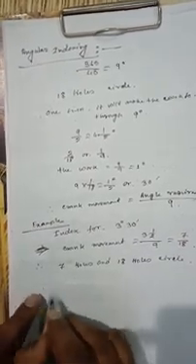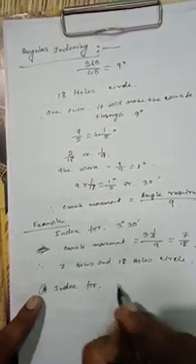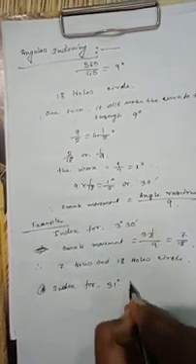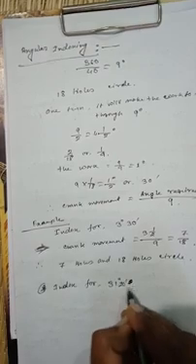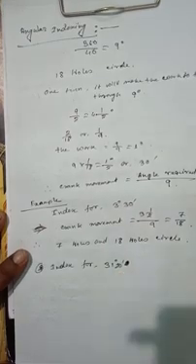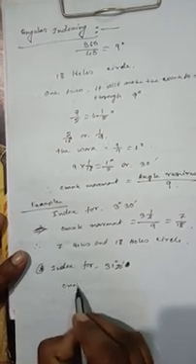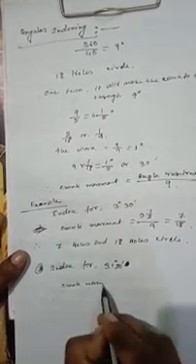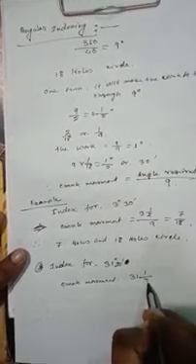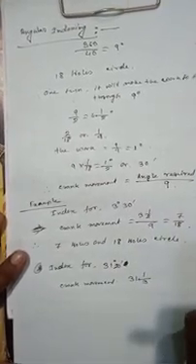Next, index for 31 degrees 20 minutes. This is difficult, but this is 20 minutes. What is the ratio? The crank movement is equal to 31 into 1 by 3, since 1 by 3 is equal to 20 minutes, that is 60 by 3 we use.